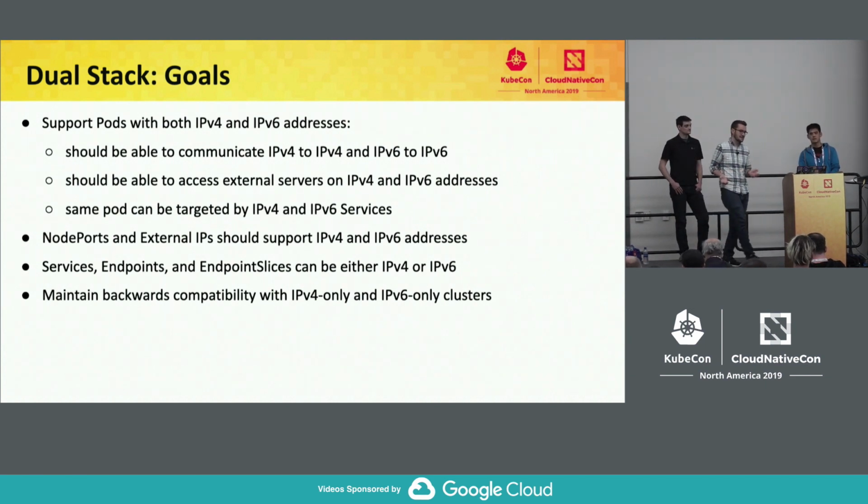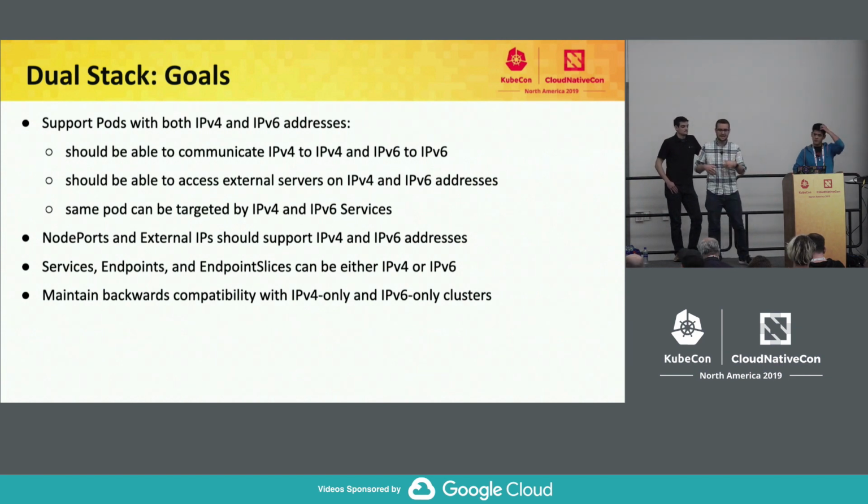And that is that pods should be able to support both IPv4 and IPv6 addresses. They should be able to communicate IPv4 to v4 or IPv6 to v6. They should be able to access external servers on IPv6 or IPv4 addresses. And the same pod should be able to be targeted by either an IPv4 service or an IPv6 service.